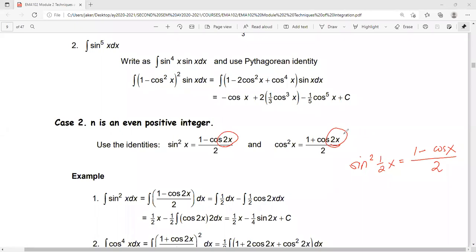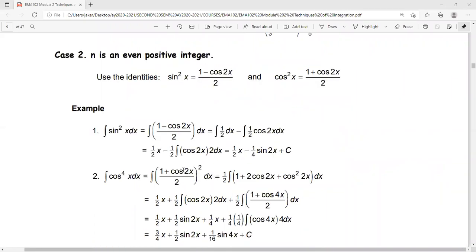So we call it the double angle cosine. Okay? So don't just simply memorize a formula like this without understanding why it's like this. If this one is x, this becomes 2x. If this is 2x, this becomes 4x. Why? Because the angle or the argument is being doubled. Okay? Now we will go to our example.